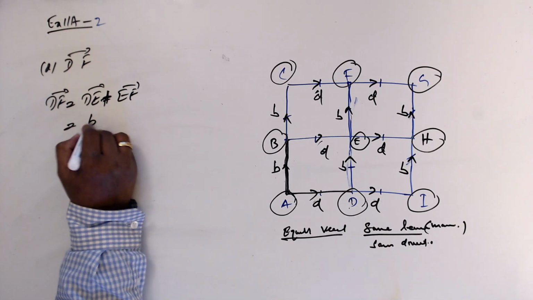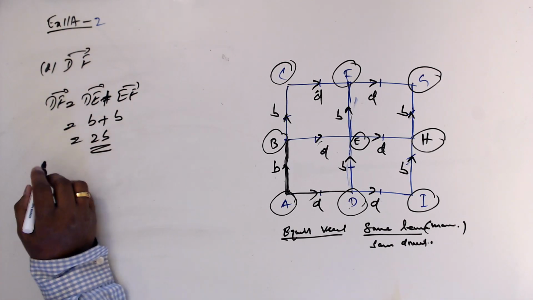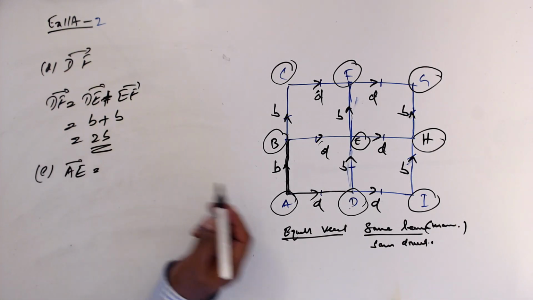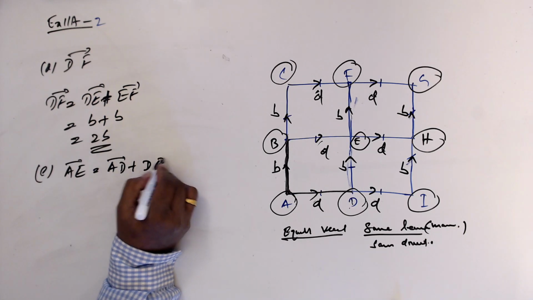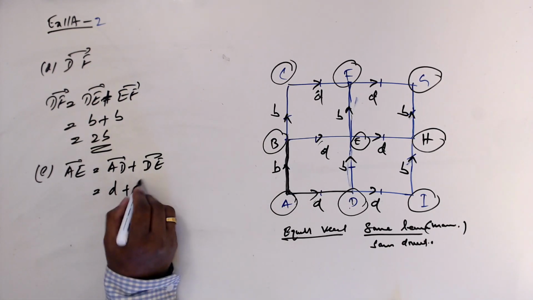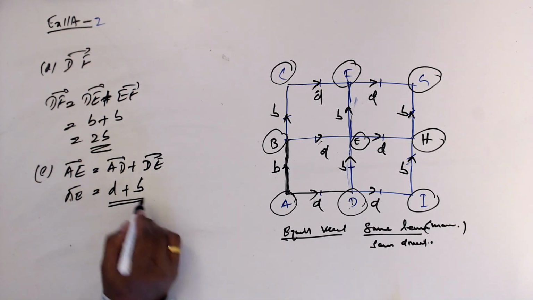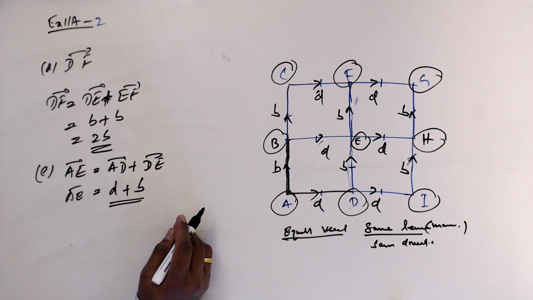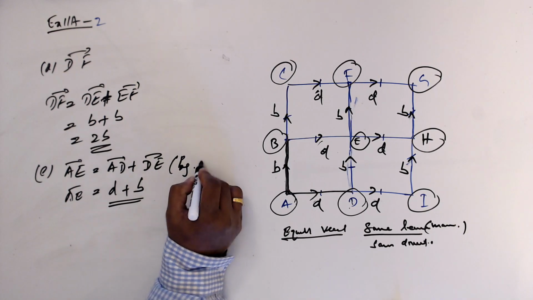So DE is B and EF is B, that is going to be 2B. So AE is AD plus DE. AD is D, DE is B, so AE is D plus B, by triangle law.